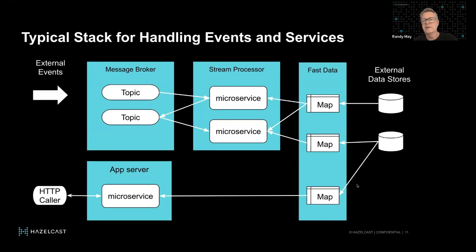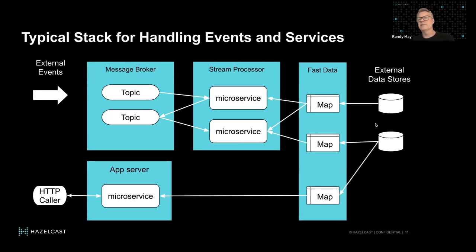There's a caller, and that typically is accessing data from a fast data store or a cache. It could be accessing it directly from a database, but for speed, most of the time there's some fast data layer in there, and then the fast data layer is synced to the systems of record. It could be read through or synced periodically, depending on what the data is. So this is the app server stack at a very high level.